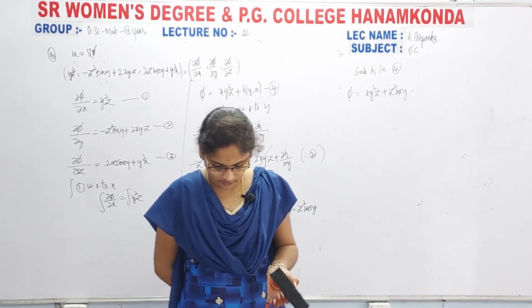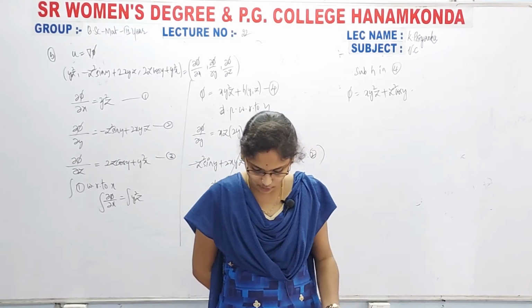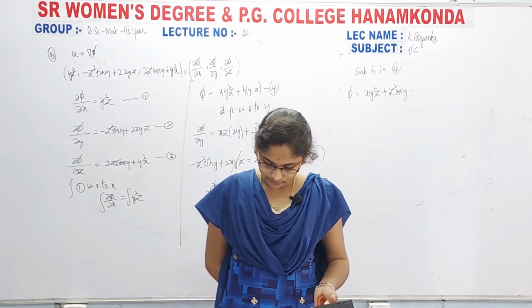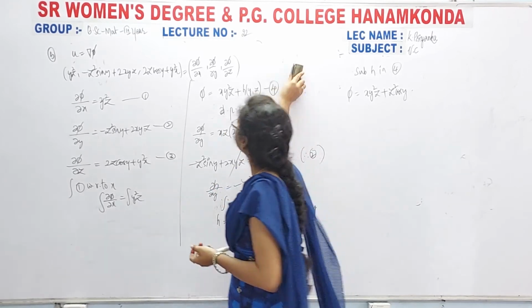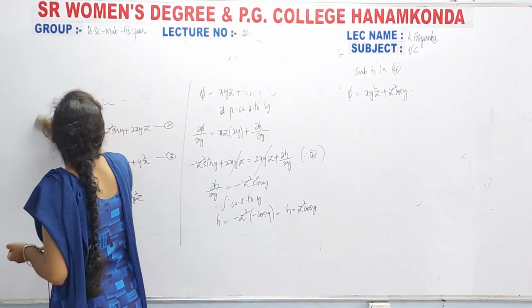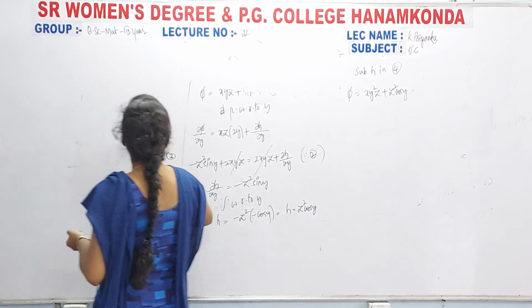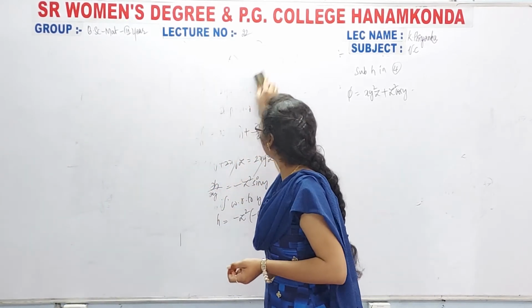Next one, part c, what they are asking: hence find the value of the line integral of u along the curve. So they mentioned the curve. Already you know how to calculate the line integral.